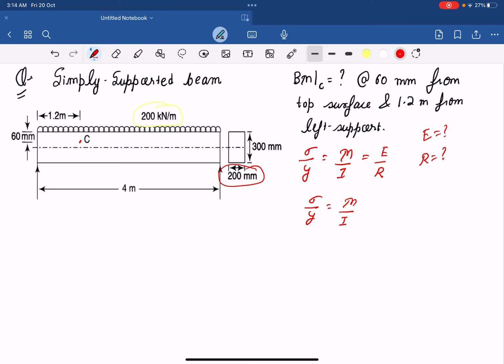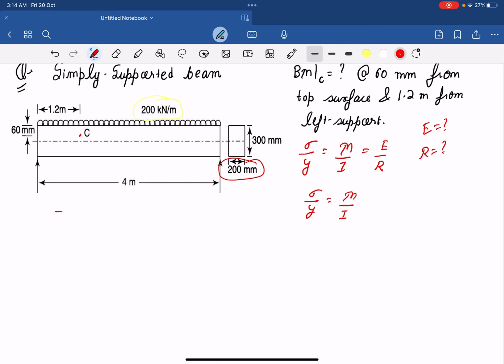If I calculate I, which is moment of inertia, it is bending across this NA. So this will be 200 into 300 cube divided by 12, right? Now y is calculated from the neutral axis, and you have given 60 mm from the top fiber.